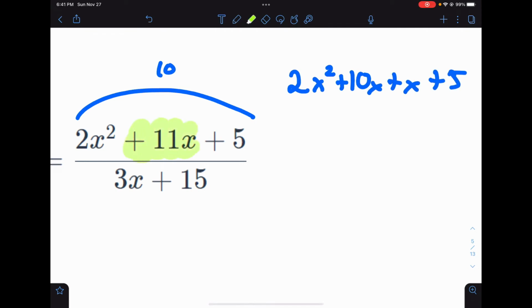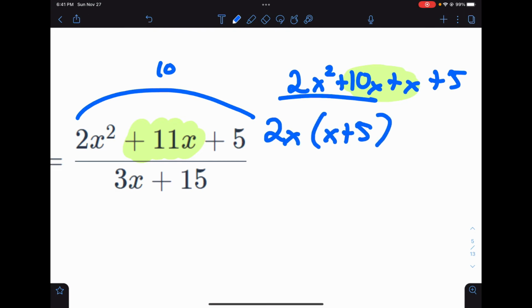Again, remember, we're just rewriting 11x as two terms. Then we're going to go ahead and take out our GCF here, which is going to be a 2x, my bad. And then we get x plus 5. And then this guy, there really isn't a GCF you can take out. And it's already the value we want it to be. So we could just take a 1 out.